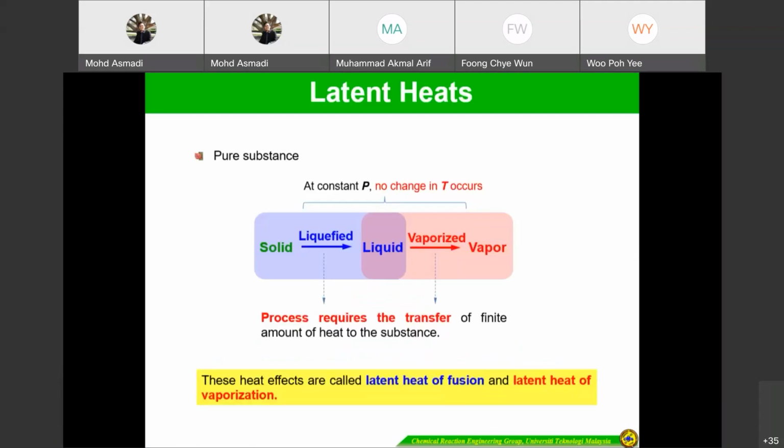Just now we did sensible heat, which uses heat capacity, but latent heat has its own equation. It is for a pure substance at constant pressure and no temperature change. From solid to liquid it is liquefied, and from liquid to vapor it is vaporized. Solid to liquid we call fusion, and liquid to vapor is vaporization. There is heat transfer in this two-phase system, and we call it latent heat.